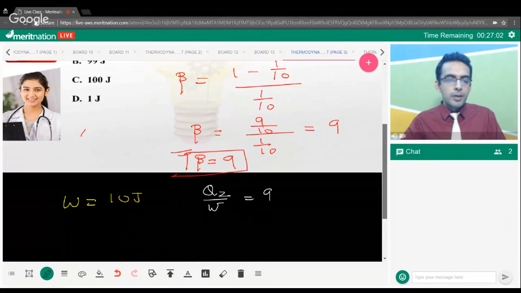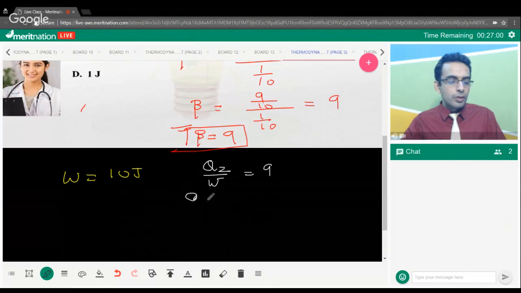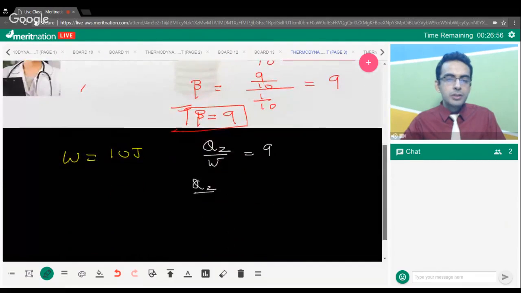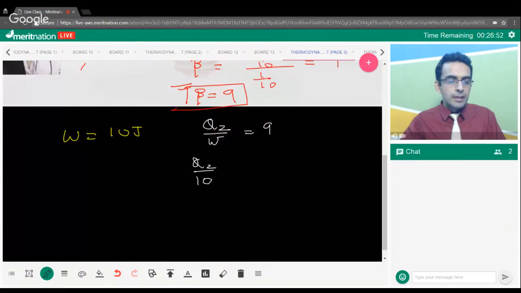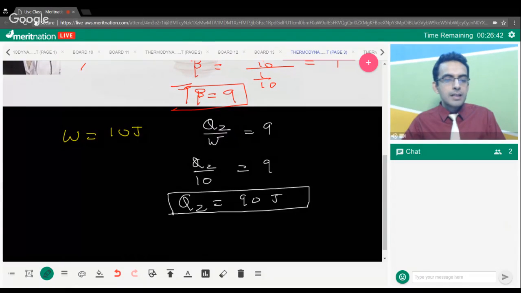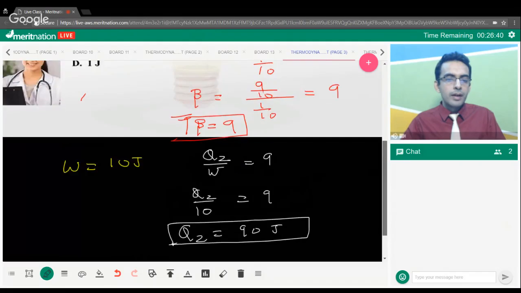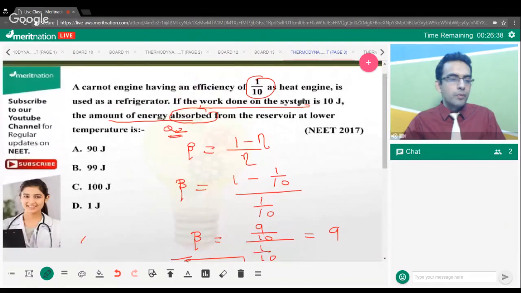What is W? It's 10 joules. So Q2 divided by 10 is equal to 9, so Q2 is equal to 90. 90 joules of energy is absorbed from the reservoir. So the correct answer is A in this question.